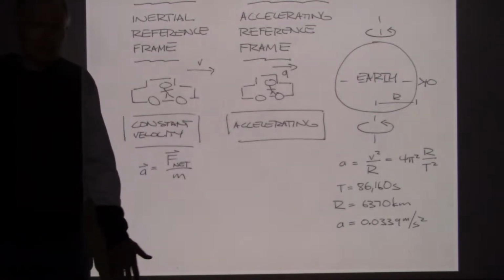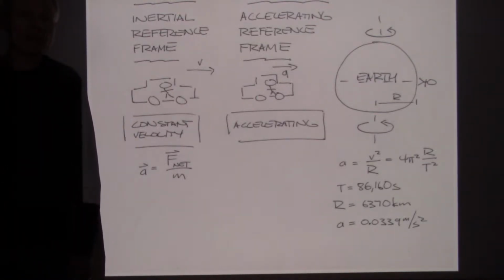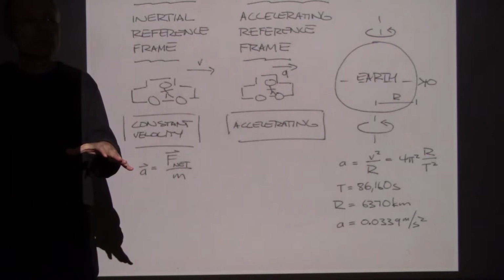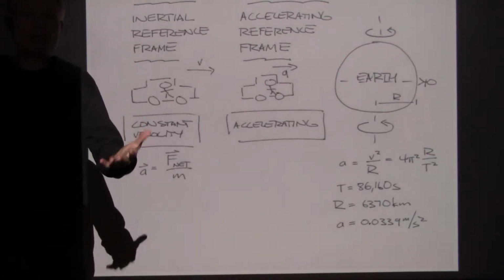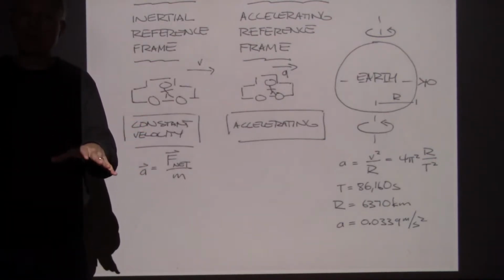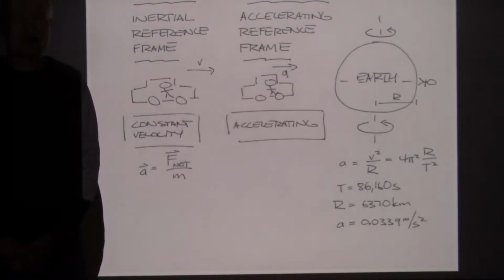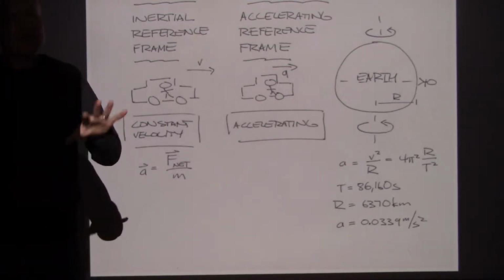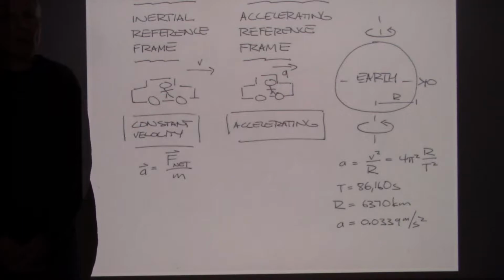It's not such a big deal. And so what we can do is, we've been treating the surface of the Earth as being an inertial reference frame. And so you can see that's been a bit of an approximation.